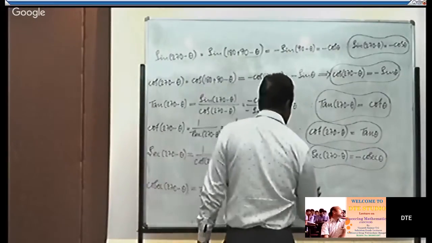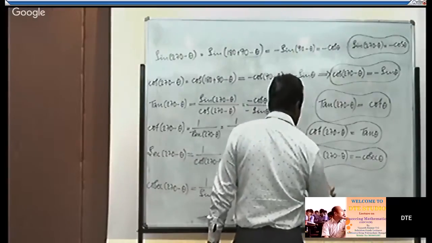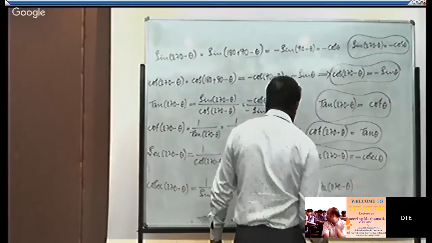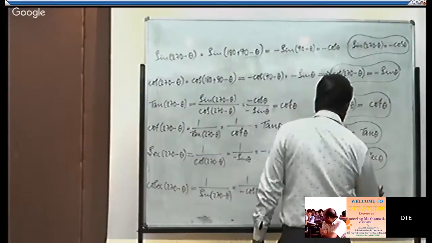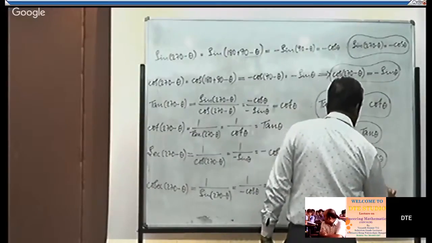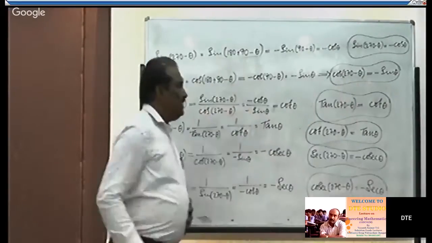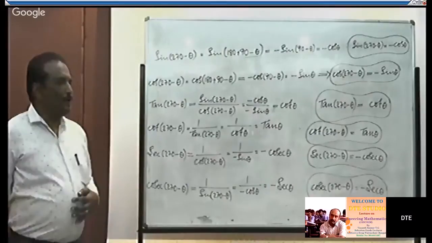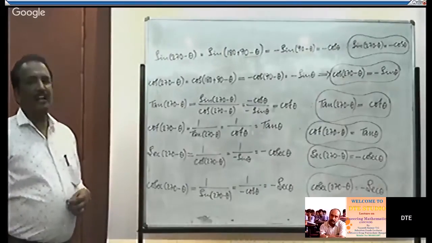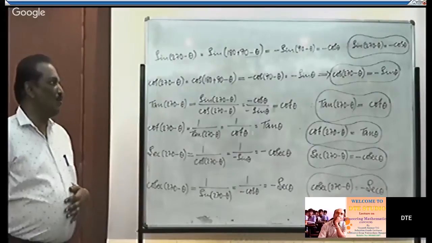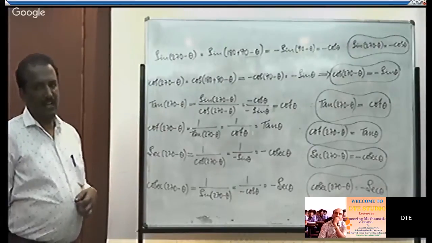Therefore, one can write cosecant of 270 minus theta as minus secant theta. So these are the 6 results obtained when we connect the trigonometric functions for an angle 270 minus theta with those of theta.